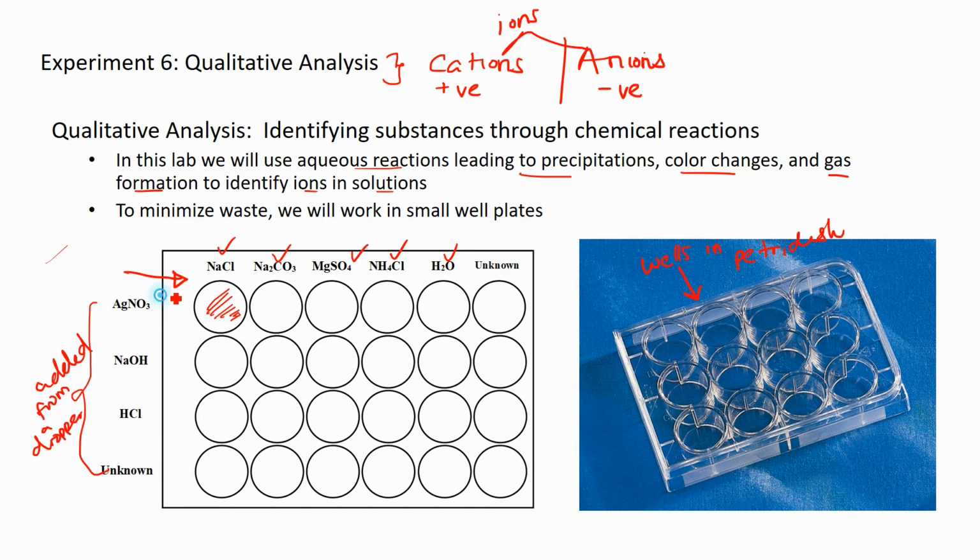So you can imagine adding silver nitrate in a solution of sodium chloride, or sodium hydroxide in a solution of sodium chloride, or drops of HCl in a solution of sodium chloride, and observe, or the unknown. We are not going to worry about the unknown because this is not a face-to-face lab, but the rest of the wells should be answered.